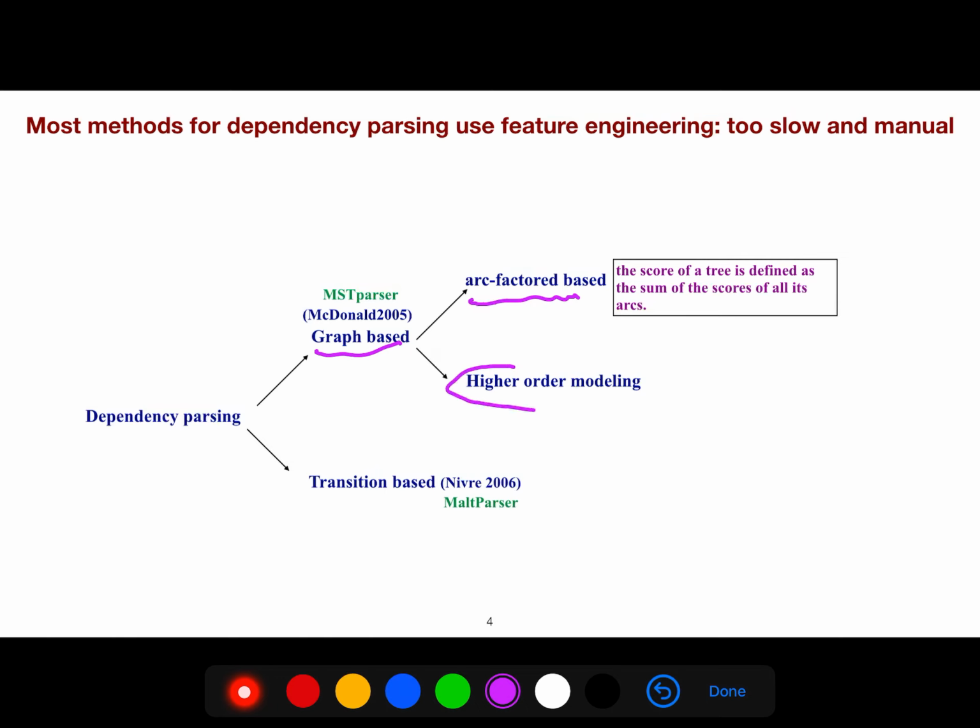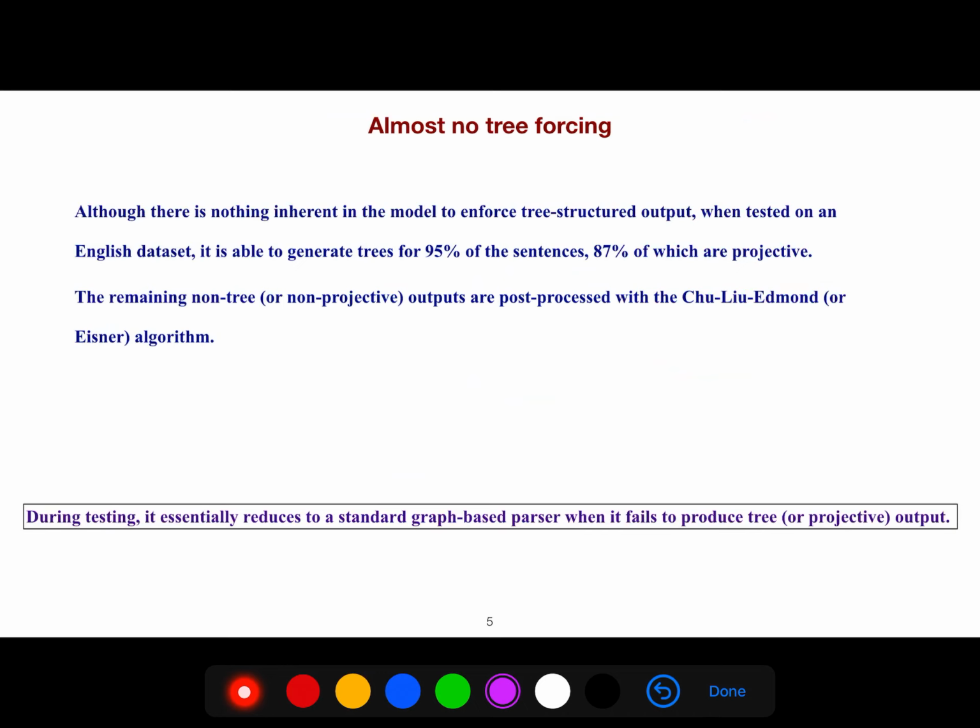But if you're working with higher-order dependency parsing, you can use potentials, belief propagation and factor graphs, which I like. Although there is nothing inherent in the model to enforce tree-structured output, when tested on an English dataset, it is able to generate trees for 95% of the sentences, 87% of which are projective.